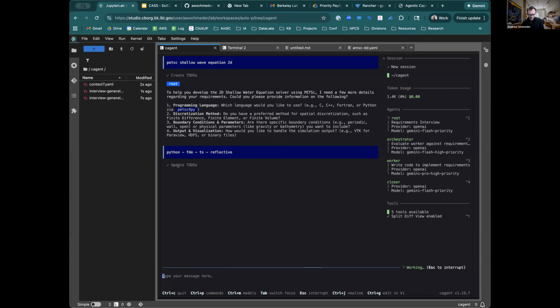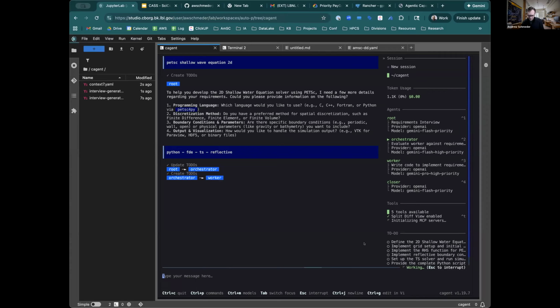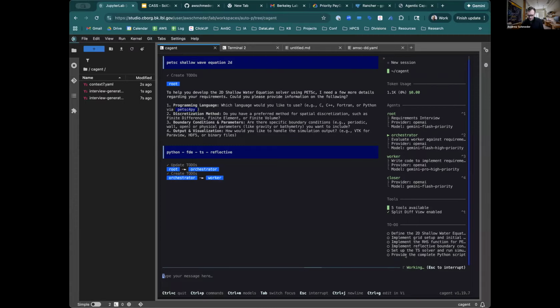And then I'm using this to-do list as the way of notating the requirements. So you can see over here what it's going to have to do. It's handing off to the orchestrator and then hands off to the worker, which is going to go and attempt to write the code. And I'm actually using Gemini Pro with a high reasoning effort for this demonstration.